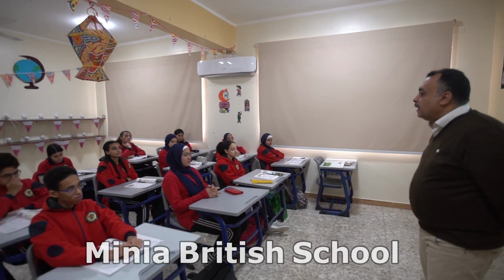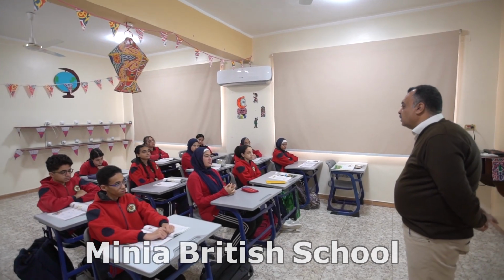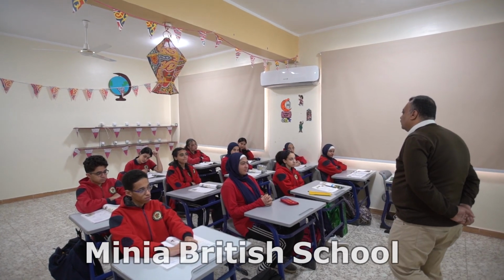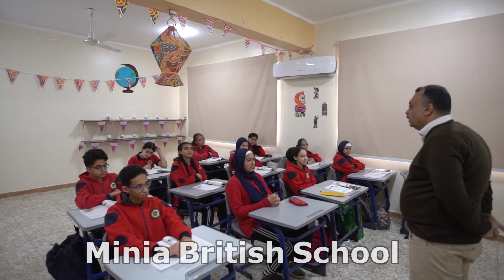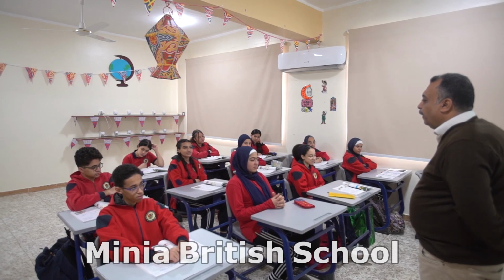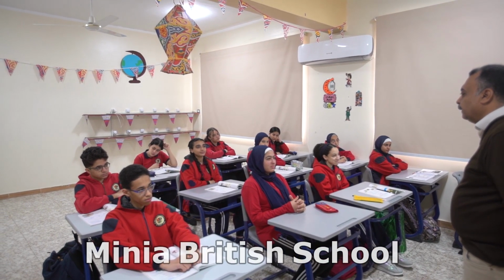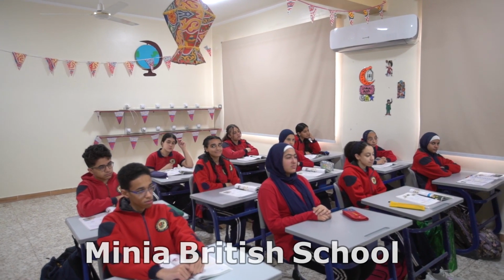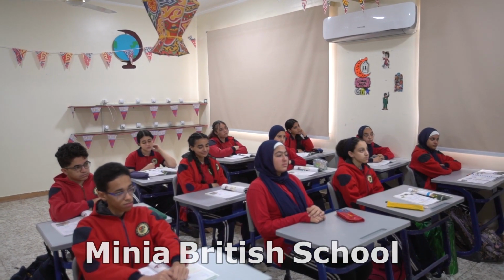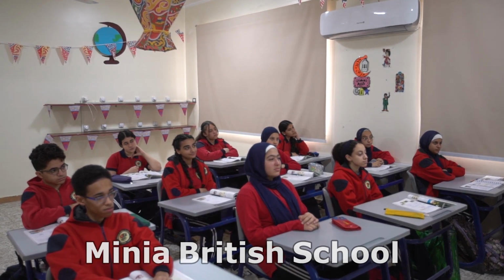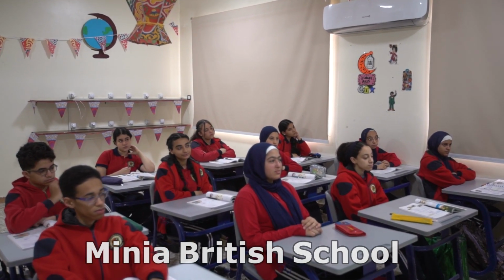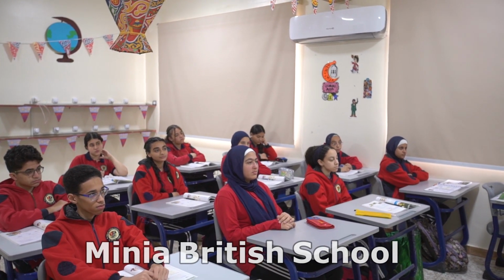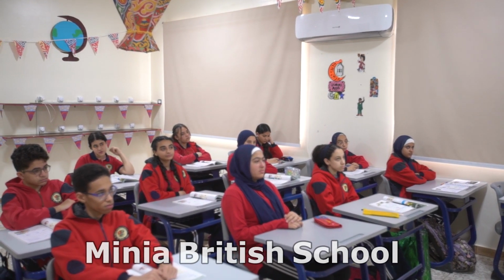Number two, what is the importance of the science of classification, taxonomy? Why do we do it? Yes, Sandra? It facilitates the study of living organisms, and also the identification of new living organisms. It is also beneficial for many related sciences.